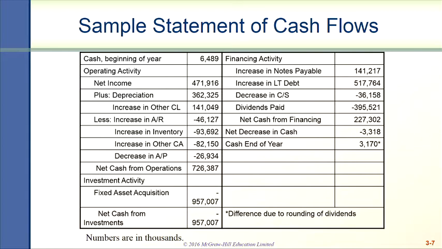Everything is closing minus the beginning. That gives us an increase or a decrease. In this case, since we took 2015 as the closing and 2014 as the beginning, we subtract. We have an increase in other current liability of $141.49. And because that increases, it means cash increases.